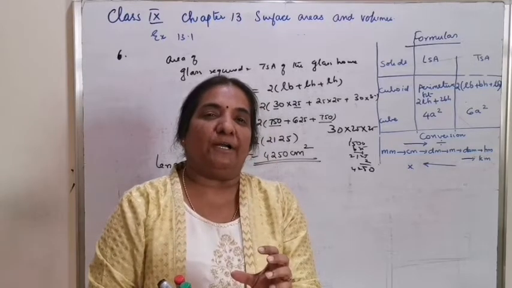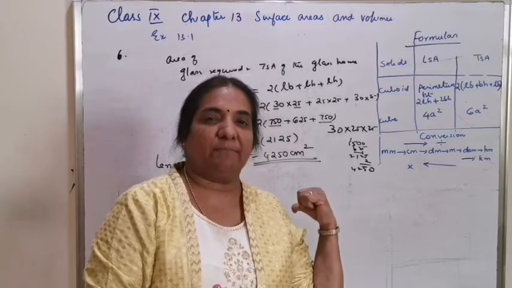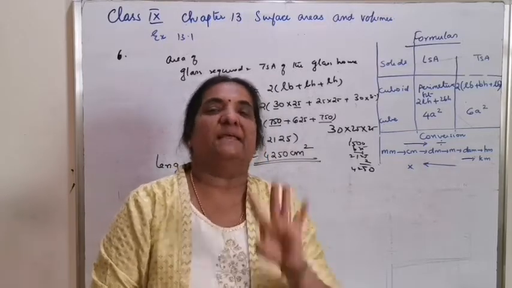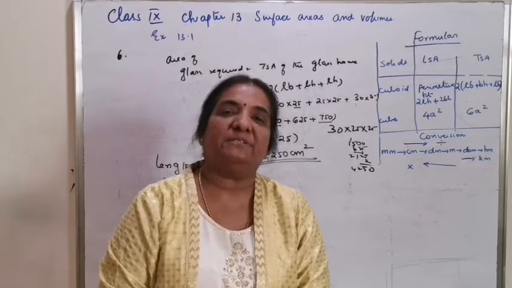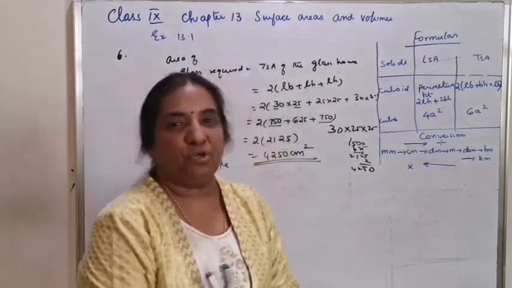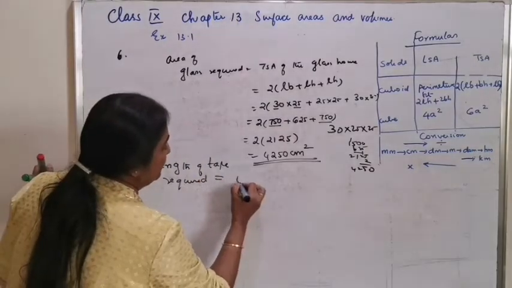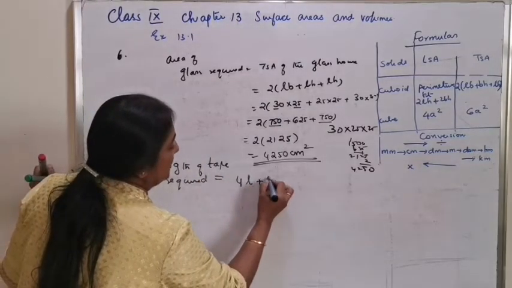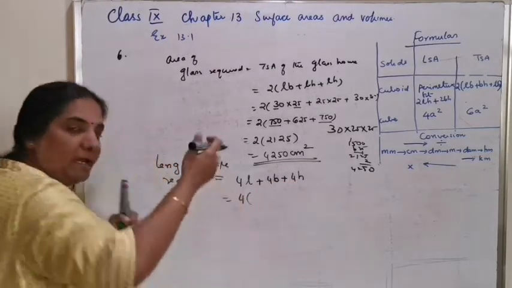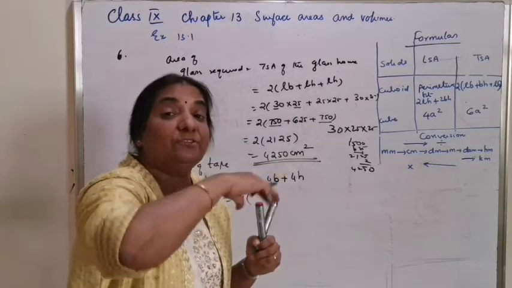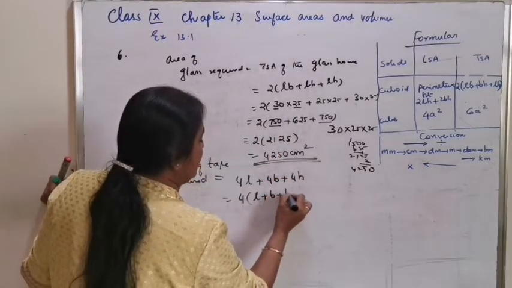So in a cuboidal box there will be 4 times length. The 12 edges are made up of 4 times length, 4 times breadth and 4 times height. Confirm it by taking a geometry box or a tissue box and see. The length of tape required will be 4 times length plus 4 times breadth plus 4 times height, or 4 into L plus B plus H, like a perimeter, you are adding the length of the tape.